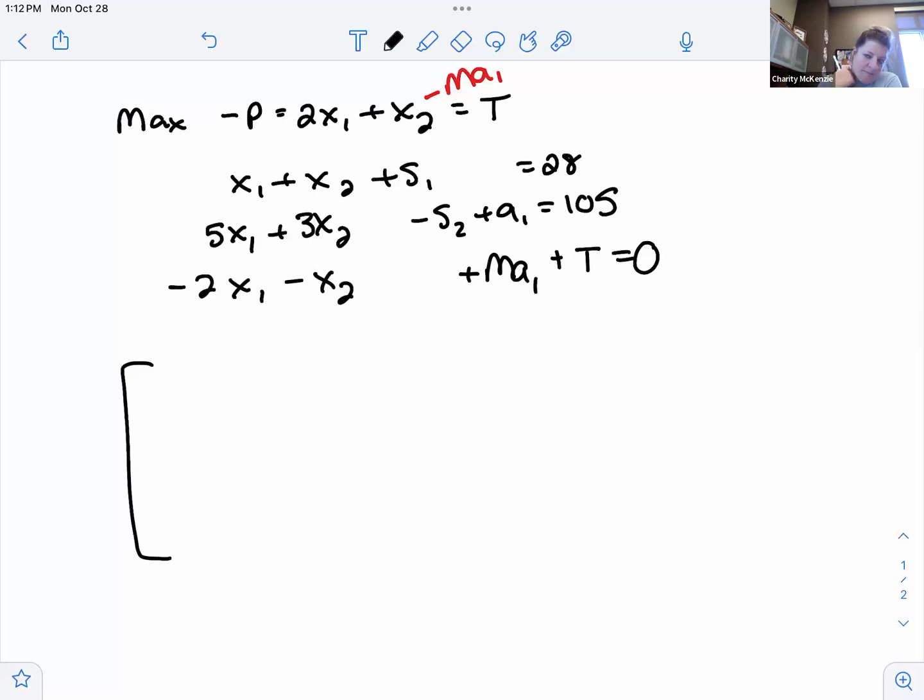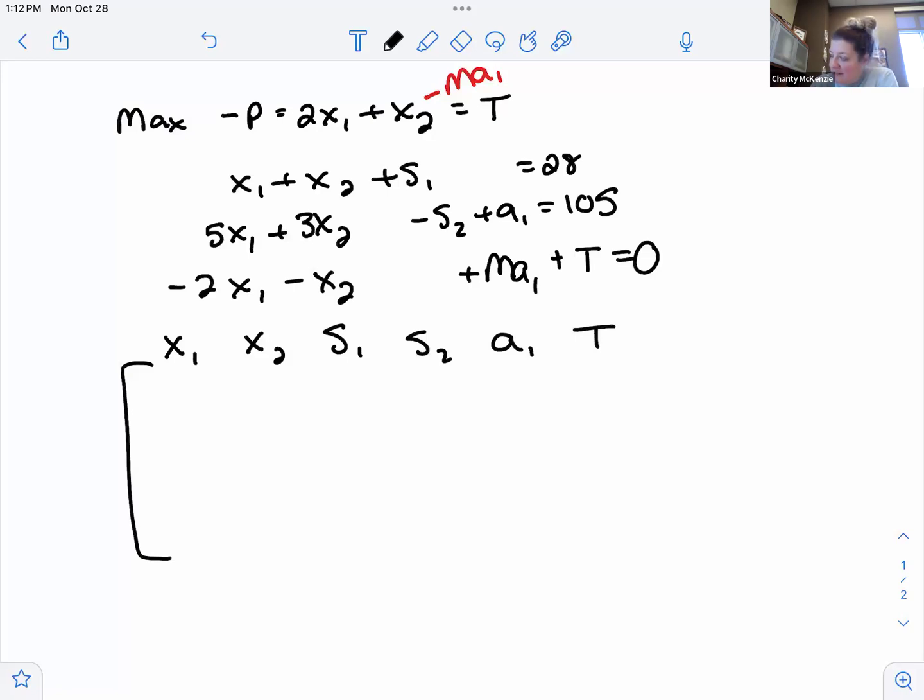Okay, so if I write this as our initial tableau, or we can call it just our initial matrix, we have x1, we have x2, we have slack 1, we have slack 2, we have a1, and we have t. Those are all of our variables. You have to label them because you could put a1 before s. The process will work out the right answer regardless of which order you put them.